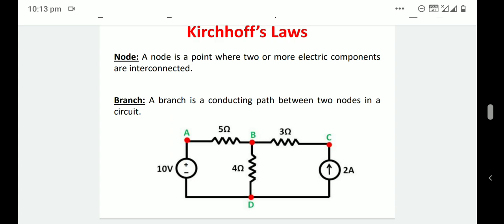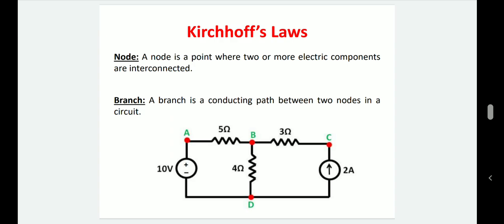Okay, then branch. What is meant by a branch? A branch is nothing but a conducting path between two nodes. So between the nodes A and B, the 5 ohm resistance can be considered as a branch. Then between two nodes B and C, there is a branch of 3 ohm resistance.